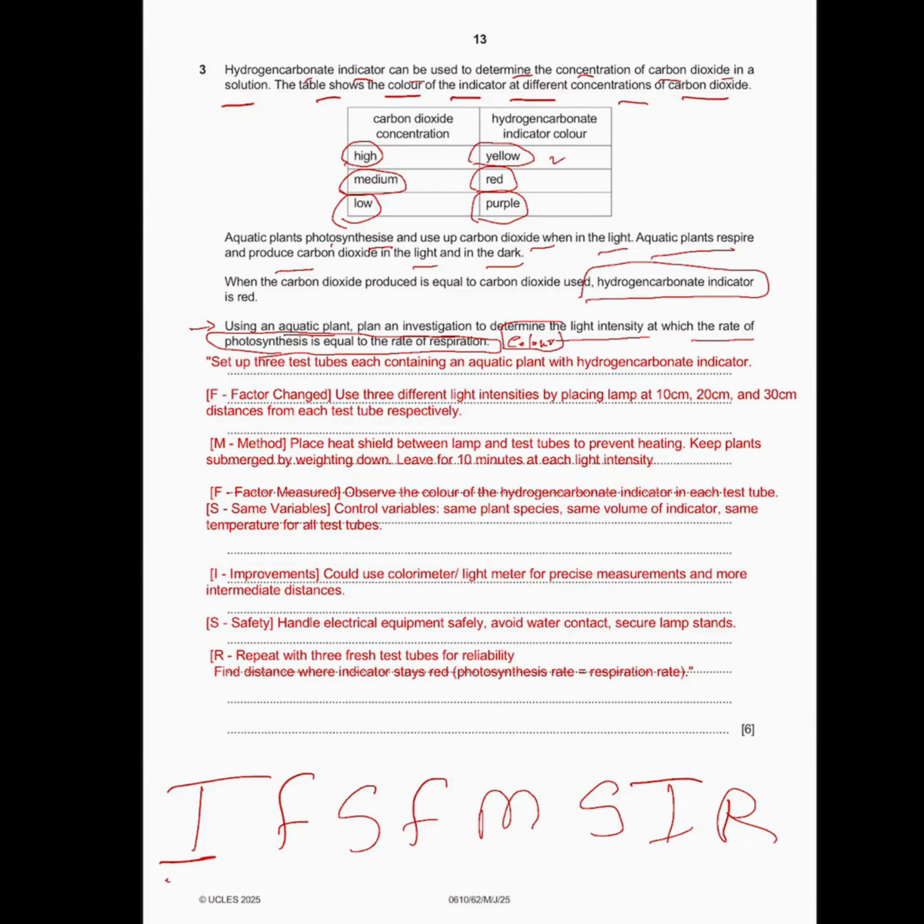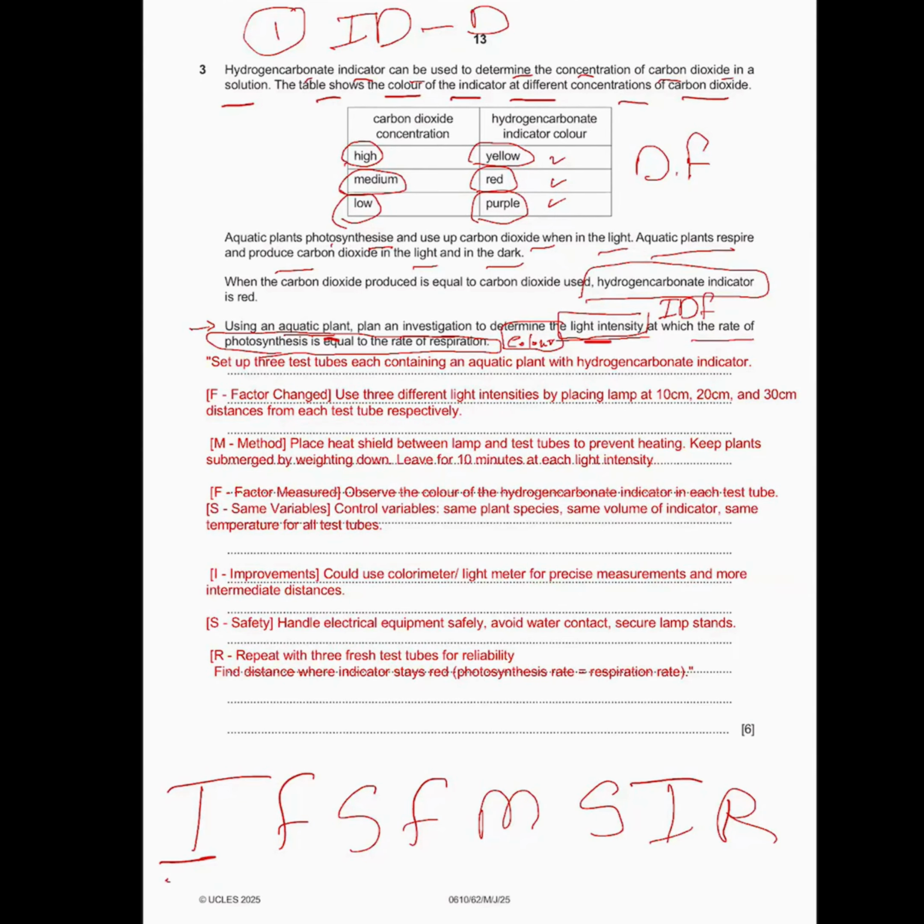So I will use the color as my dependent variable, and the light intensity is my independent variable. Very easy. But the first step is to identify which is dependent and which is independent. He's telling me that there is a plant and I need to make an investigation for the light intensity. It's very easy and very common.